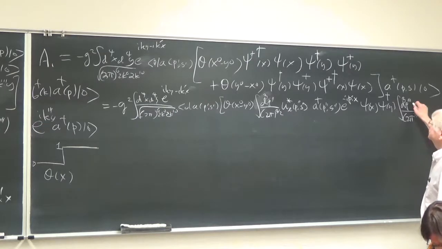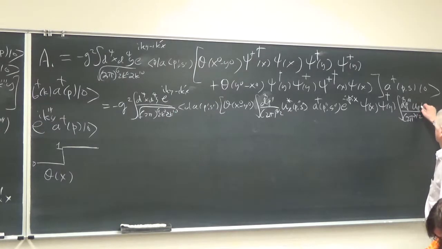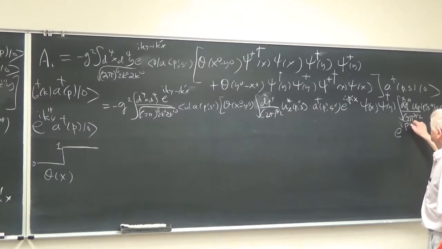And this is just a plus, so this is uL of p triple prime s triple prime, a of p triple prime s triple prime, e to the i p triple prime dot y, and then a dagger of p and s.